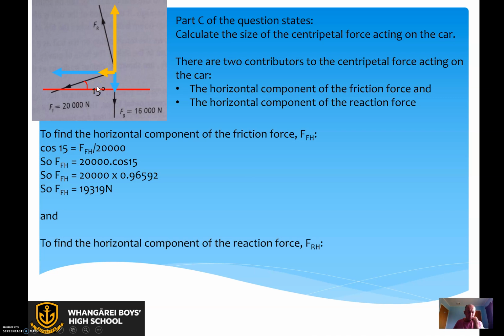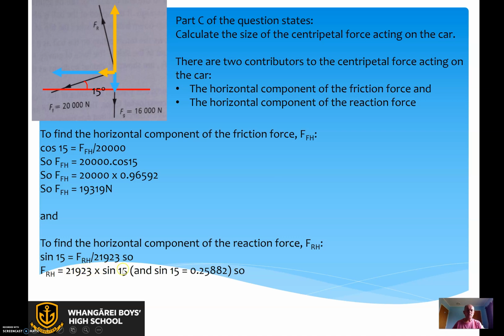Moving along, so we also have to find the horizontal component of the reaction force, this little yellow vector here. So we look at the triangle, this length here is the same as up here. So we can say that the sine of 15 is this unknown vector divided by this number we got before, that's the reaction force.